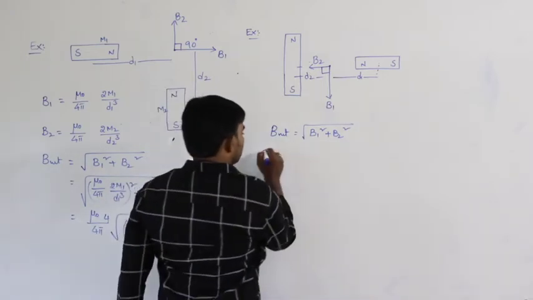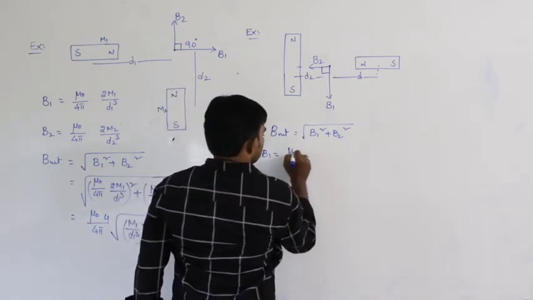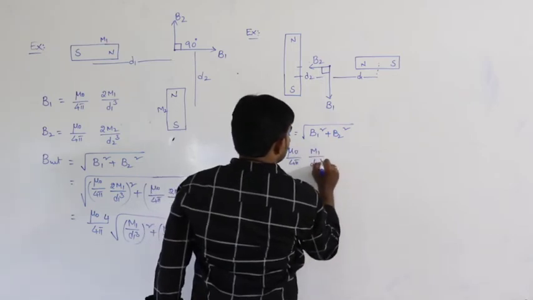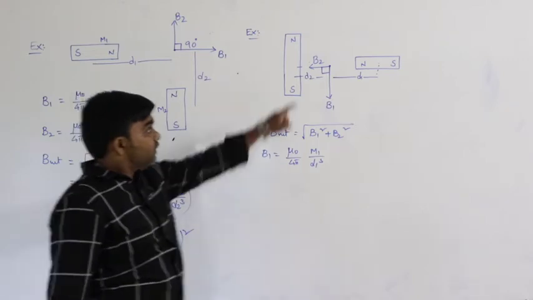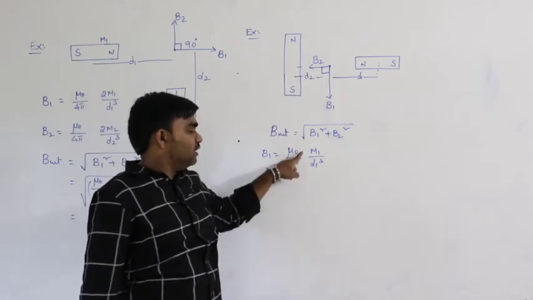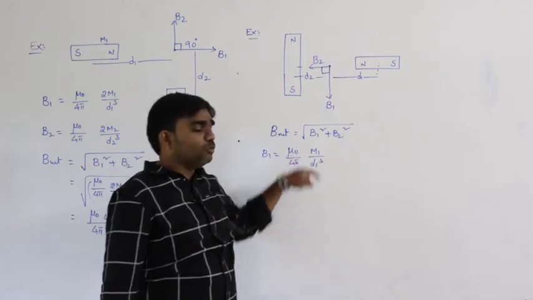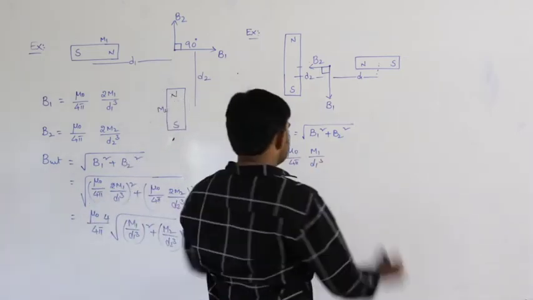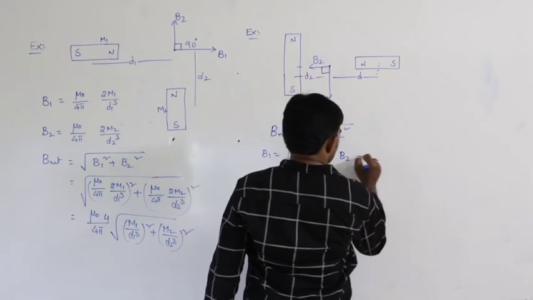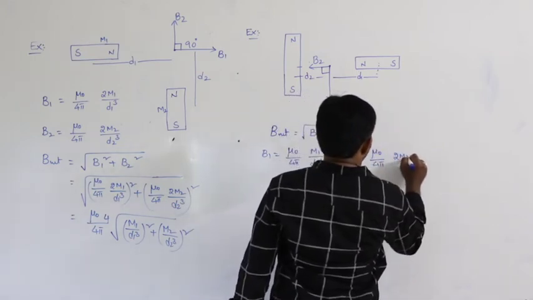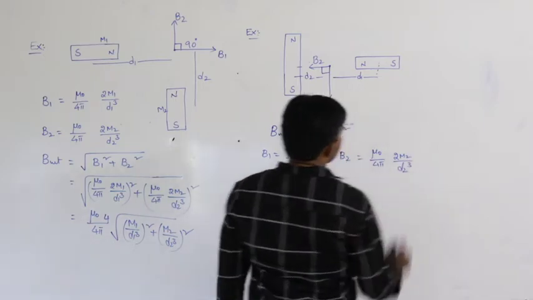So B1 can be written as mu naught by 4 pi m1 by d1 cube, not 2, because on the equatorial point the field is mu naught by 4 pi m by d cube. And B2 is mu naught by 4 pi, 2 m2 by d2 cube. Why is it 2 m2?